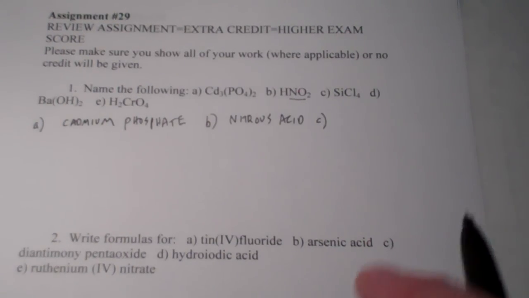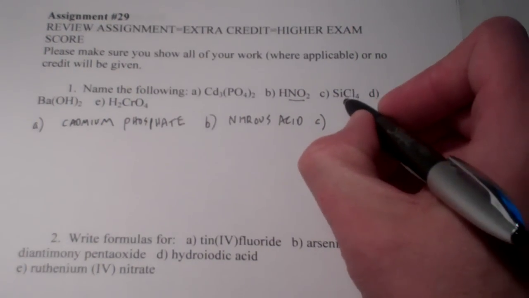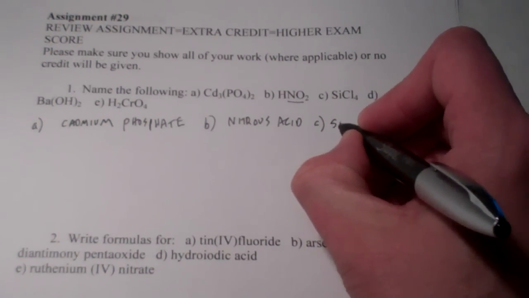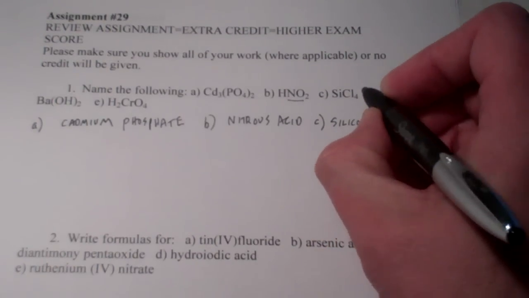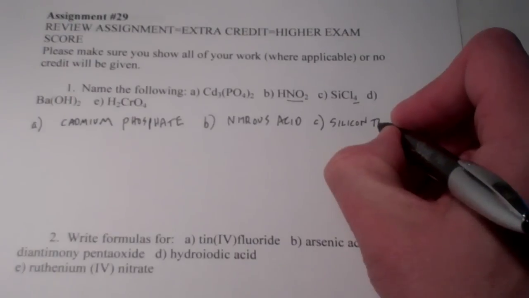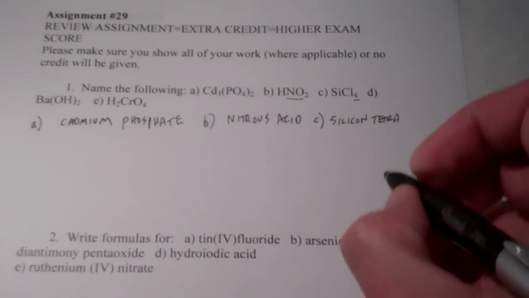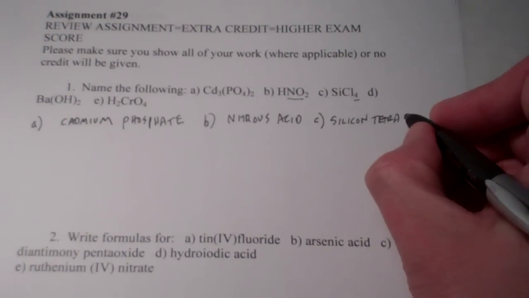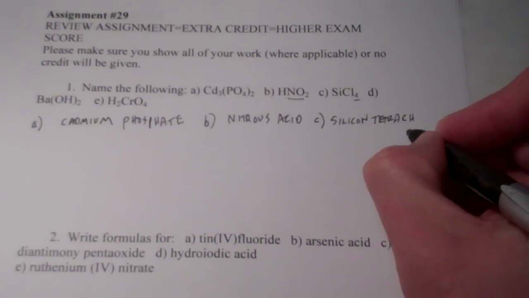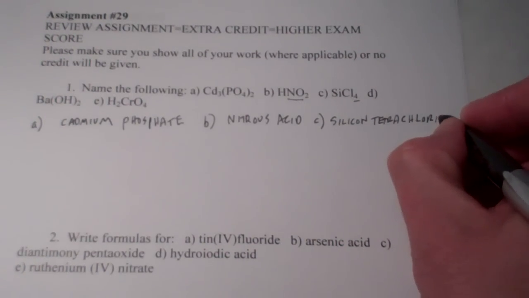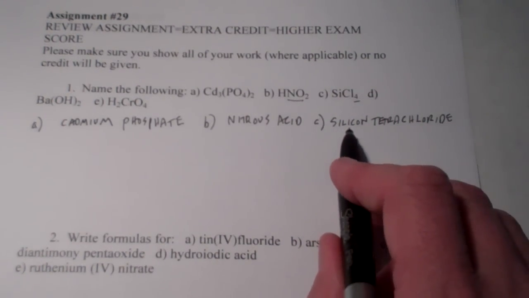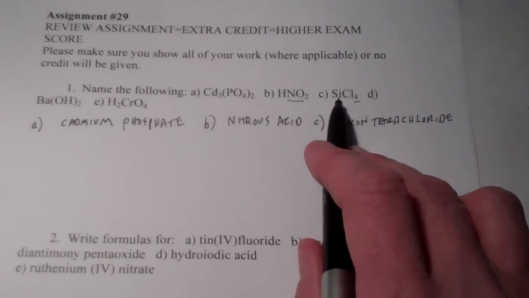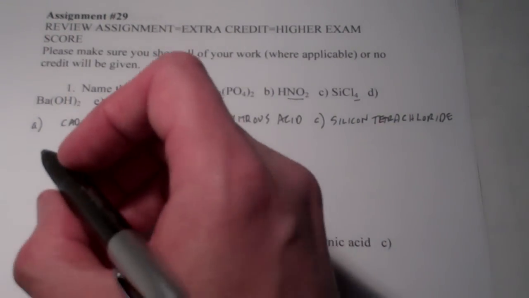The prefix mono is seldom used. So in this case we will just say silicon, and then for 4 we would say tetra, and as with all binary compounds we will end it with ide. Tetrachloride. Silicon tetrachloride, SiCl4.